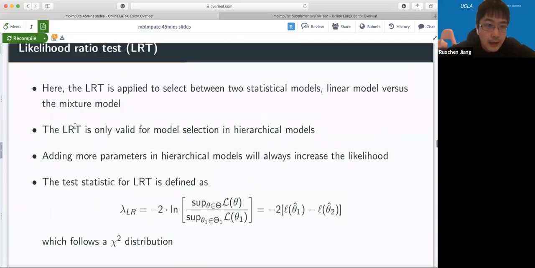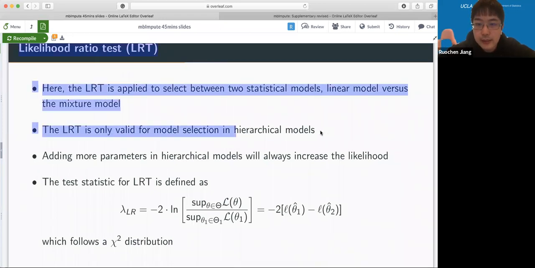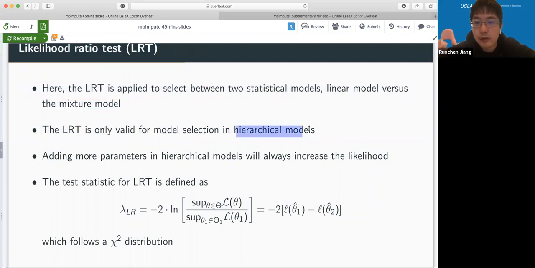Okay, so the likelihood ratio test is only valid for model selection in hierarchical models. By hierarchical model, I mean that for a more complex model, we can always set some of the parameters to 0 and reduce it to a simpler model. If this is the case, those two models are called hierarchical models. And it's known that adding more parameters in hierarchical models will always increase the likelihood.